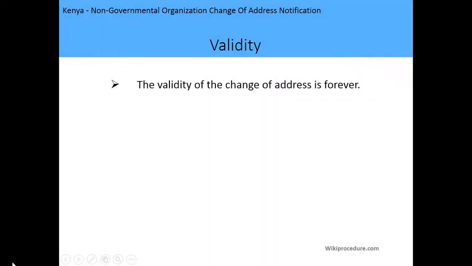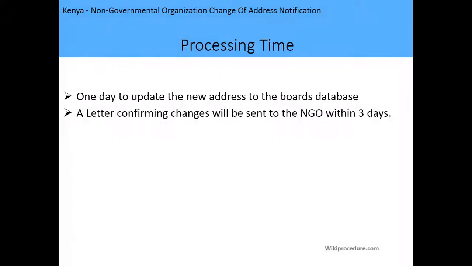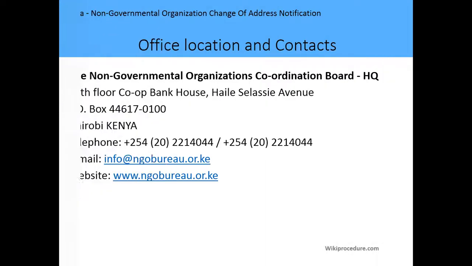The validity period, the validity of the change of address is forever, unless the NGO decides also to change its address again. The processing time, it takes 1 day to update the new address to the board's database or its register, and a letter confirming changes will be sent to the NGO within 3 working days.